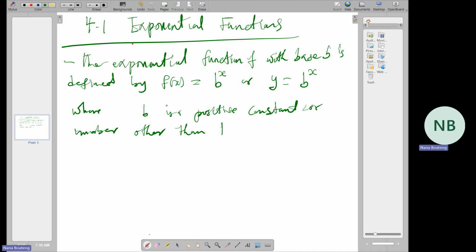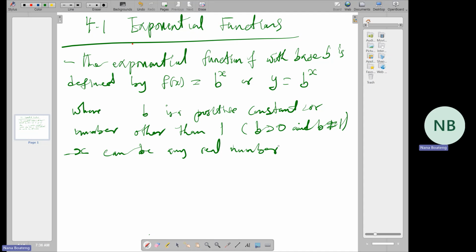So b is greater than 0 and also not equal to 1. b can be any number greater than 0 and not equal to 1. And x can be any real number.